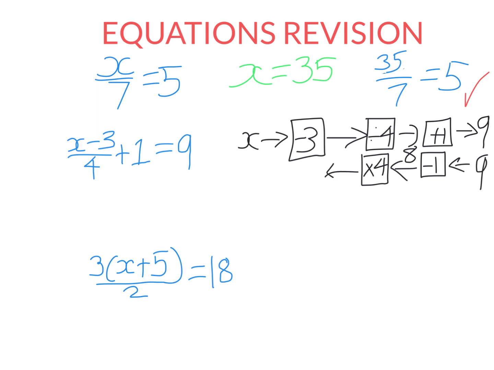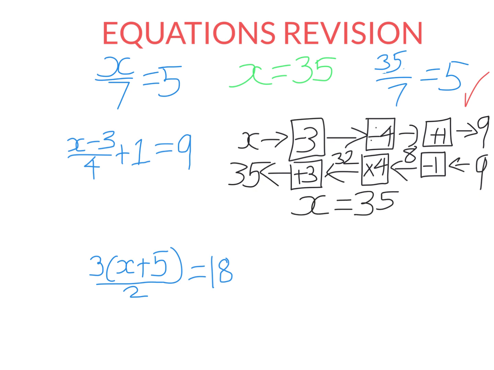So we take our number 8, we're like putting it through a times 4 machine, so we end up with 32. And finally, the opposite of subtracting 3 is adding 3. So we take our 32, we're like putting it through a plus 3 machine, and we get 35. So the answer you need to write like this: x equals 35.